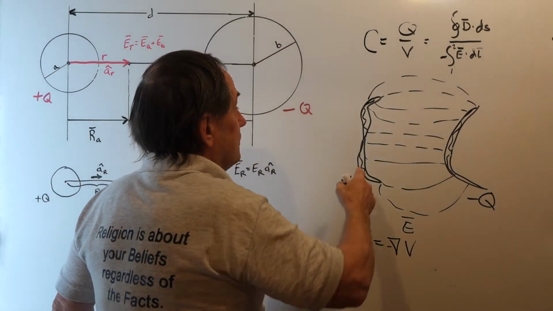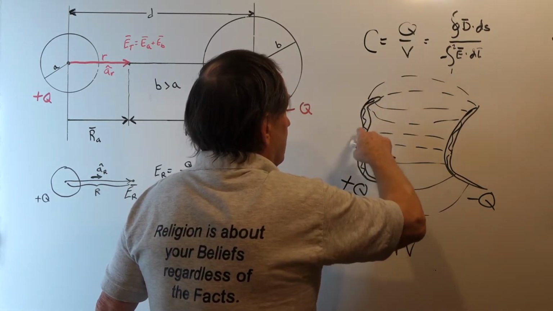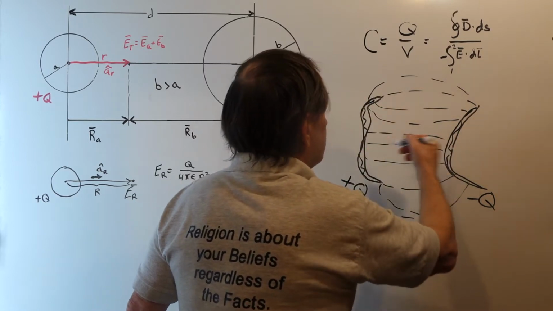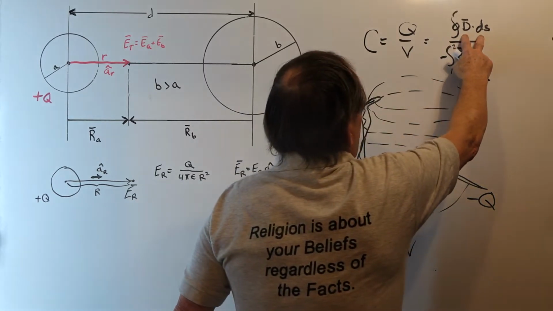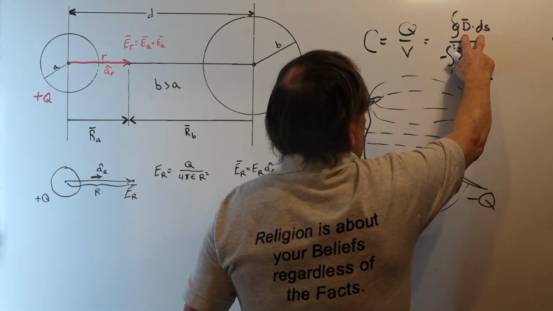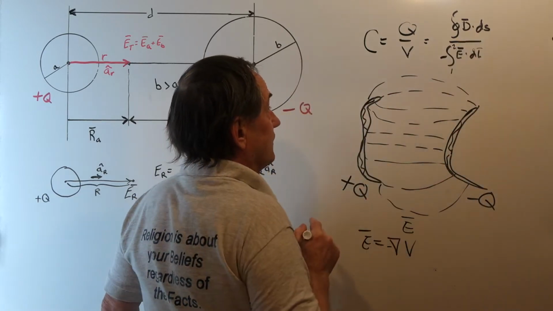And then from the charge on the conductor, you can get the D field, because this is Gauss's law of the D field over a closed volume.